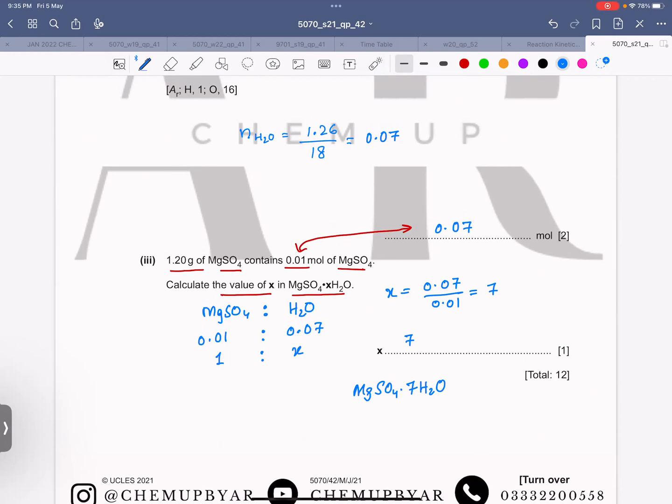Yes, sir. Sir, in part B part 4, can we also write the sample wasn't heated enough? Can you repeat? In part 4 of B, can we just write that the sample wasn't heated enough?